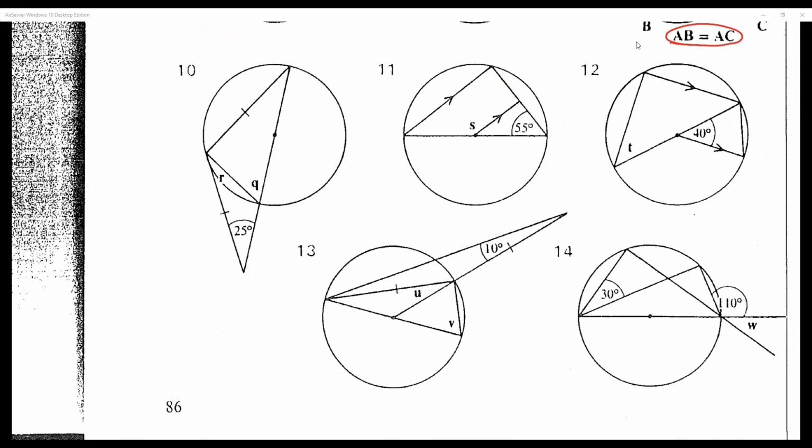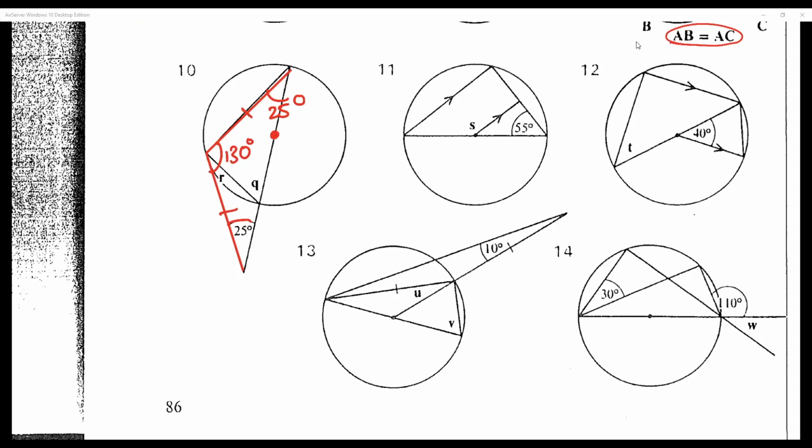Okay. So the special dot, these two lines mean they are equal. That means these two angles are equal. So 25 and 25 is 50. That gives you 130 up there, the whole lot.